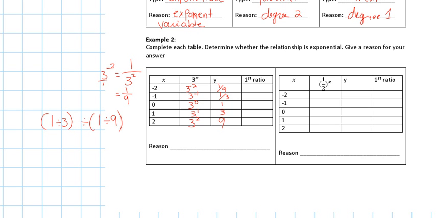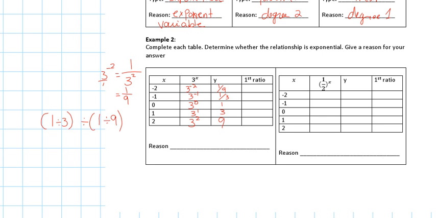If you have the fraction button, it's much easier. So 1 over 3 divided by 1 over 9, right? It should be 3.